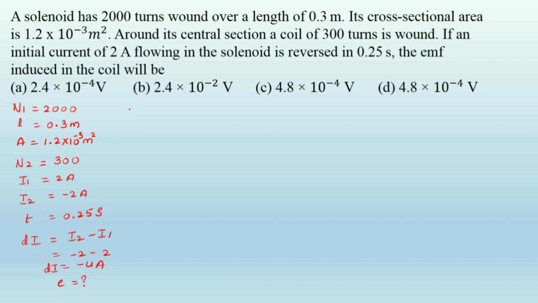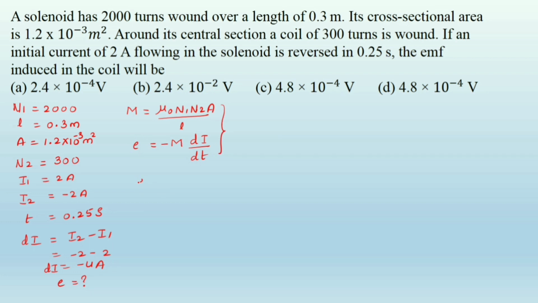See here, I have two relations related to the induced EMF. The first suitable equation is the mutual inductance, given by M equals mu naught N1 N2 A divided by L. The second equation, since we want the induced EMF, is E equals minus M into di divided by dt. Using these two equations, we can calculate the induced EMF.